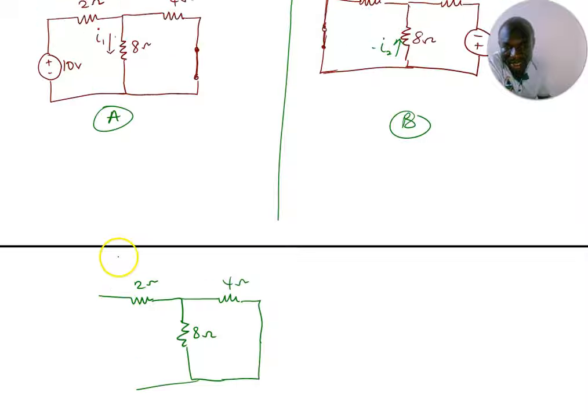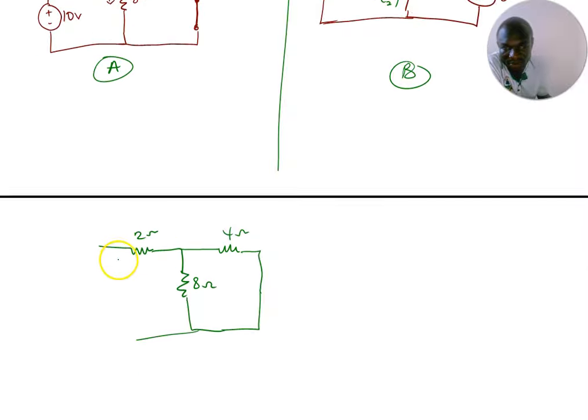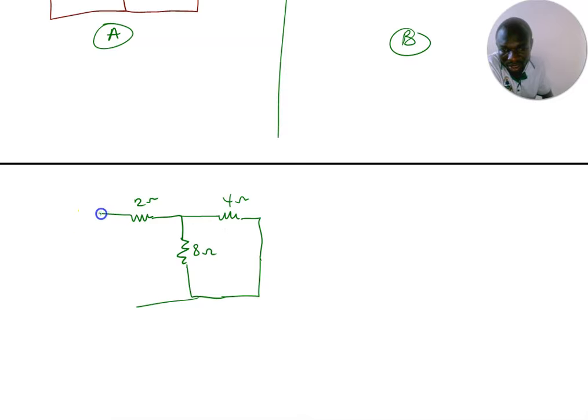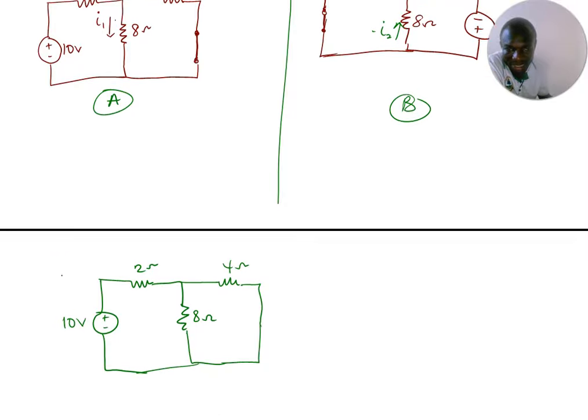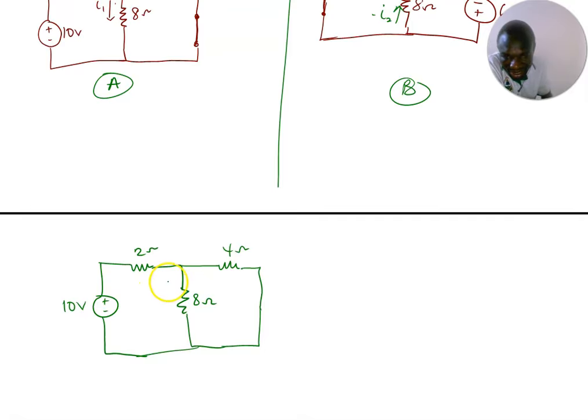Then I have a battery source which is 10 volts, plus minus, and I have my 10 volts here.